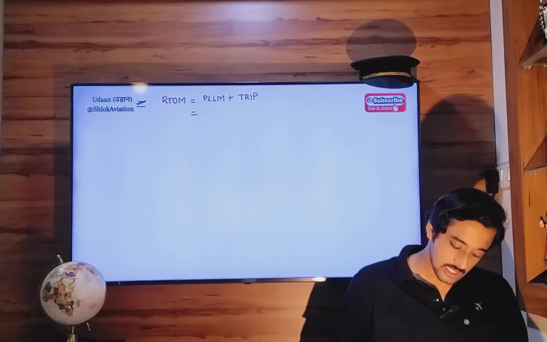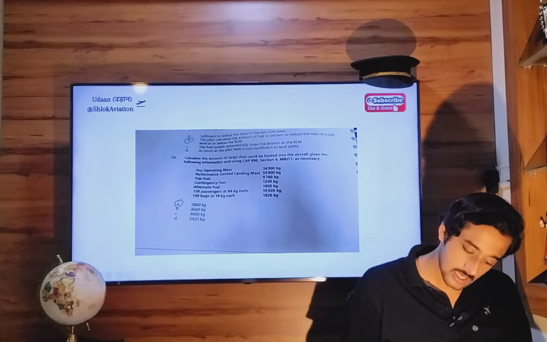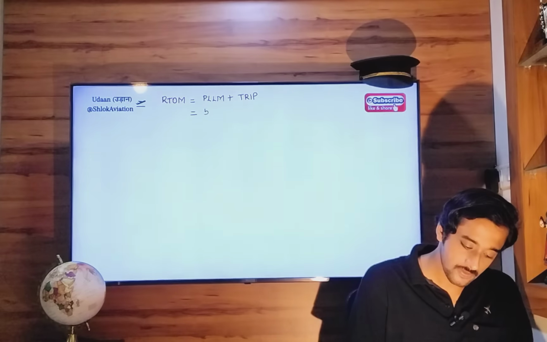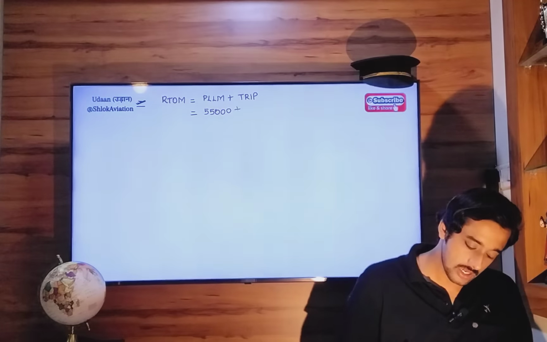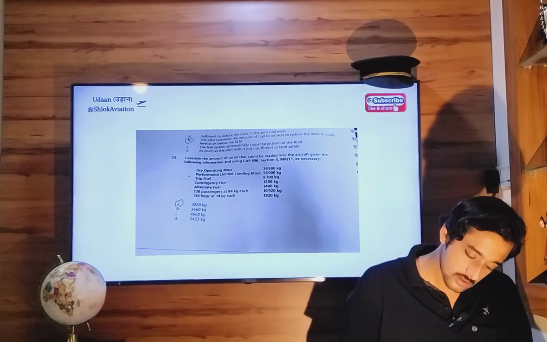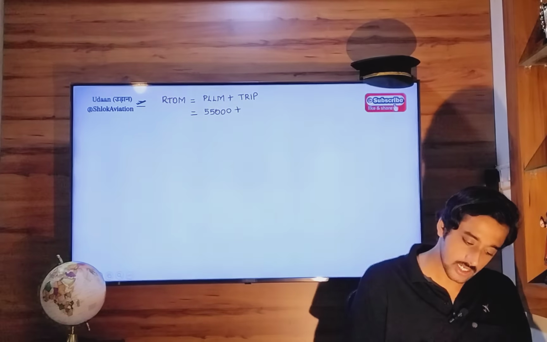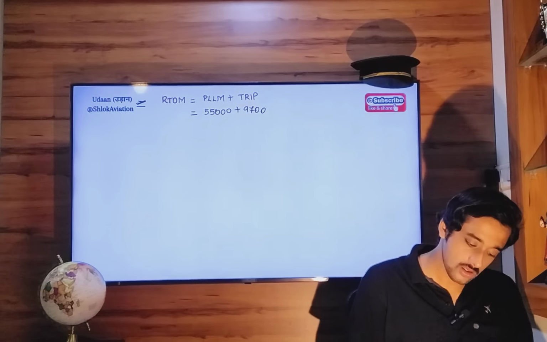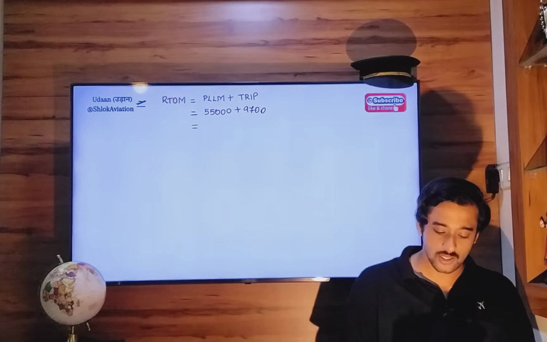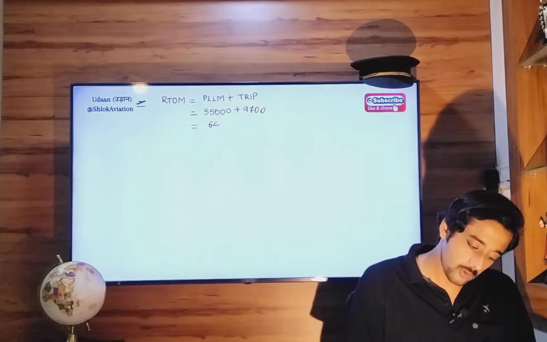What is the performance limited landing mass in this question? It's 55,000. Fuel is 9,700. 55,000 plus 9.7, 64.7.